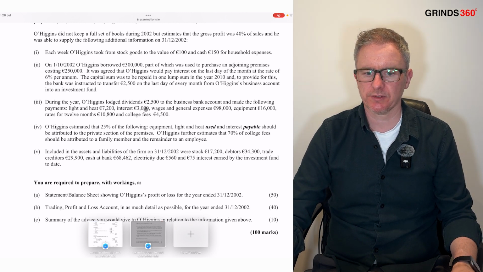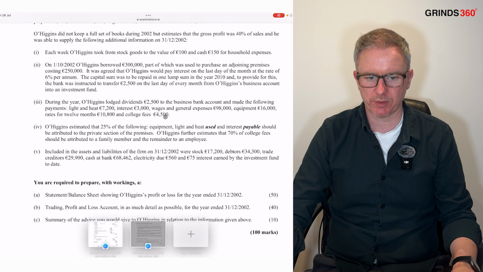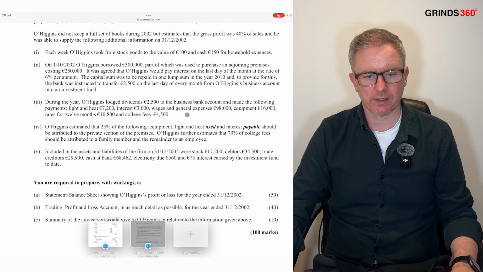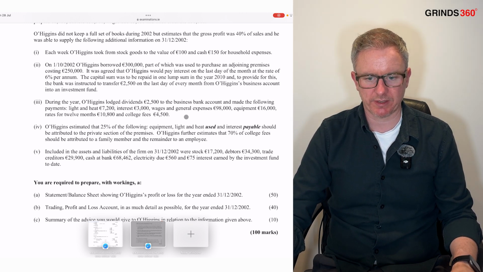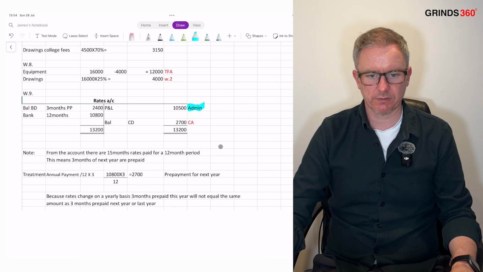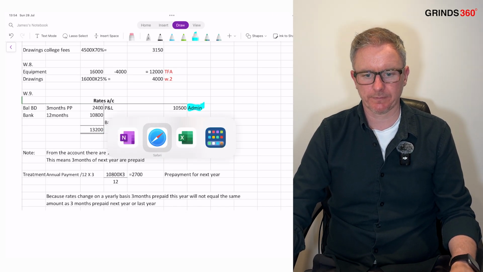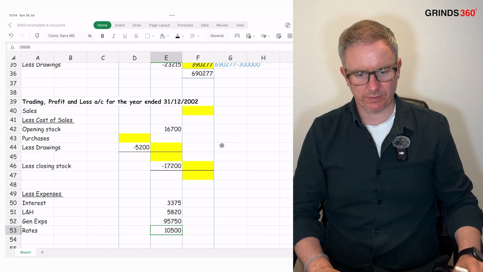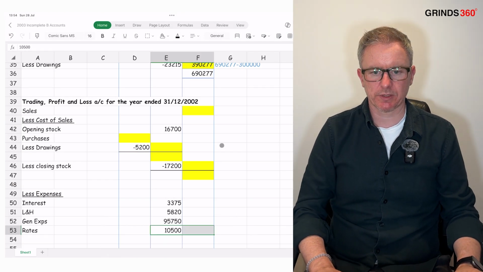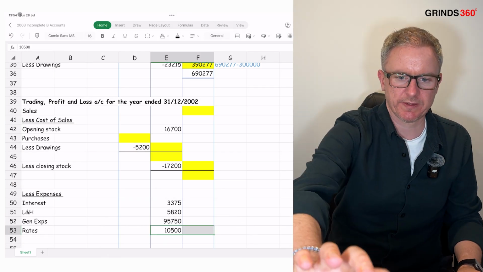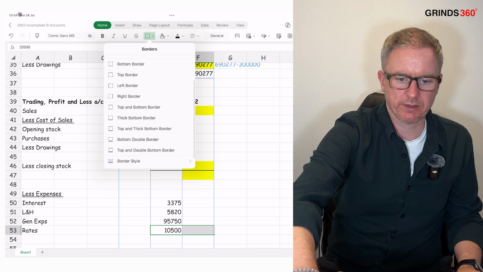So light and heat, interest dealt with, wages dealt with, the equipment already dealt with. It wouldn't feature in the P&L anyway. And then the college fees, we've dealt with that in our general expenses working. So at that stage you're good to go. You can total that up. So you're coming along and you're saying, right, that's my total for my expenses then. Coming in here.